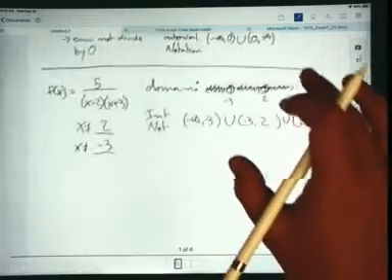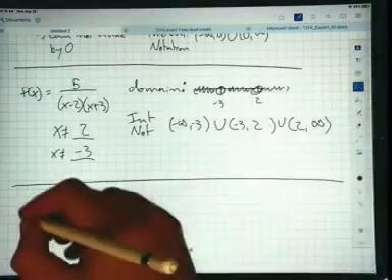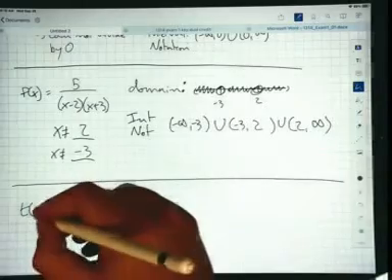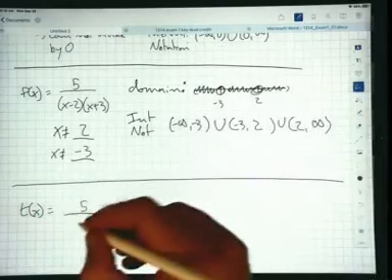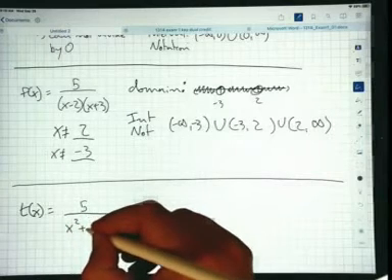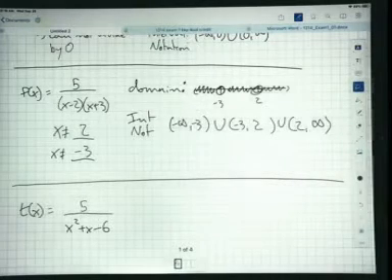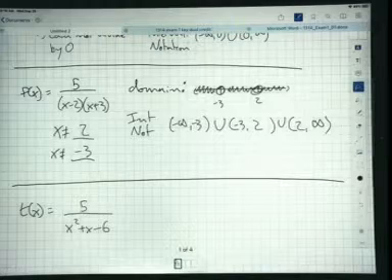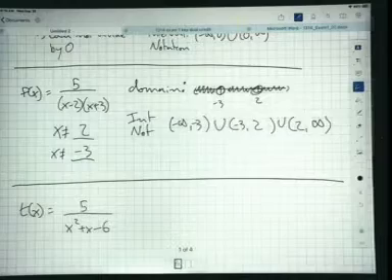Now, just to take it a step further, what if I told you that t of x was equal to 5 over x squared plus x minus 6? What do you think we ought to do here? Factor.